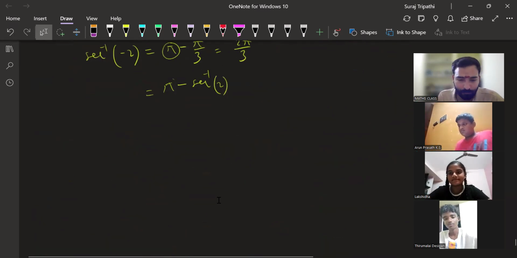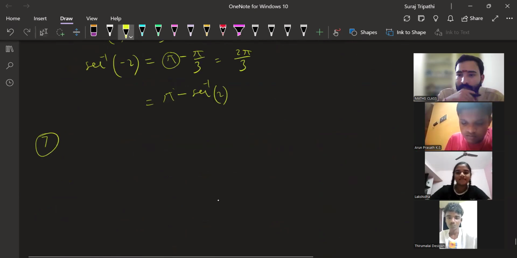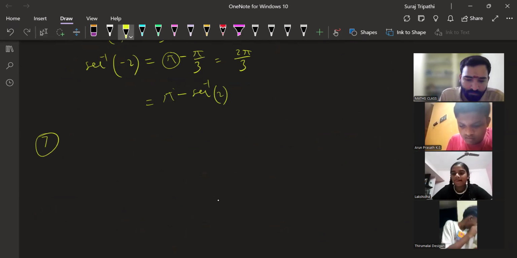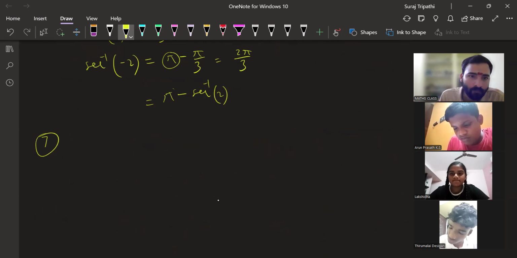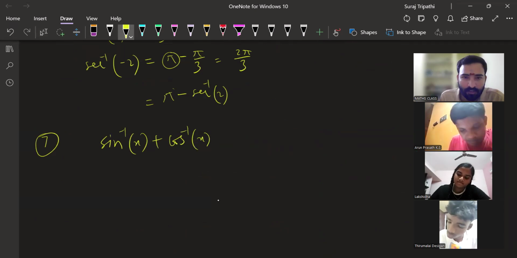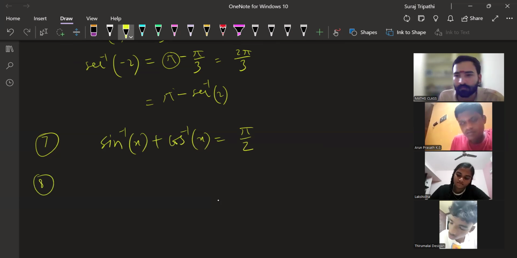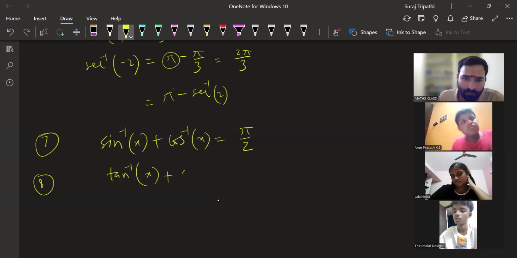Now the next one, 7th property. Sin inverse x plus cos inverse x equals pi by 2. Tan inverse x plus cot inverse x also equals pi by 2.